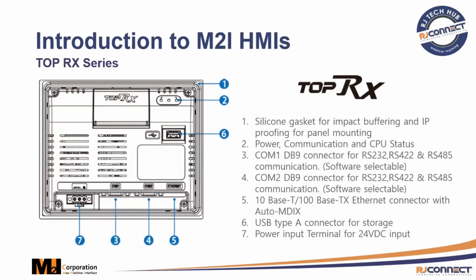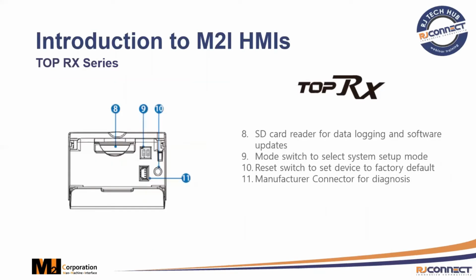So COM1 and COM2 both are DB9 connectors with RS232, 422, and 485 support, and these are software selectable, so no dip switches needing to be changed there. A 10BASE-T or 100BASE-TX Ethernet connection with auto MDI-X, and a USB type A connector for storage or external device connections such as barcode scanners, etc. The power input terminal supports 24-volt DC input.